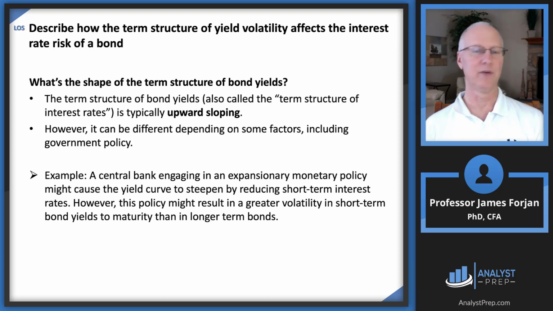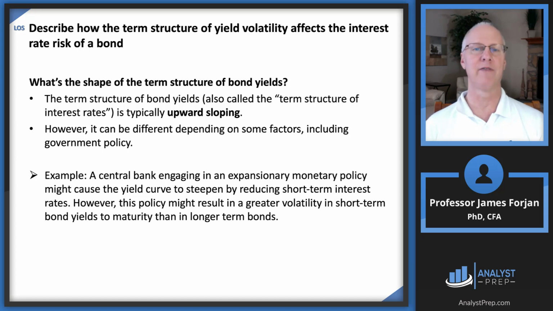Now, it can be a different slope. It could be flat. It could be downward sloping. Typically, a downward sloping yield curve is an indication that we're headed towards a recession. It works fairly well in predicting recessions, but not perfectly. But it also depends on government policy. Remember, we talked about fiscal policy and monetary policy back in our economics days. A central bank can either expand or contract by either raising or lowering interest rates.